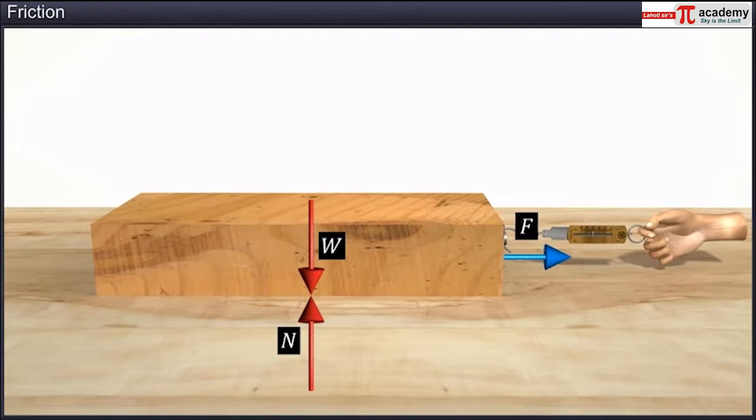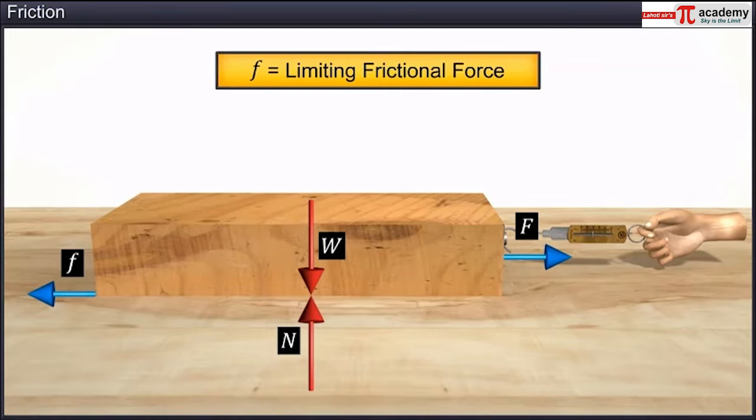As we slowly pull harder on the spring balance, the friction force automatically increases and becomes equal to the applied pulling force. This automatic increase of the frictional force takes place up to a limit only. The frictional force at this point is known as limiting frictional force.